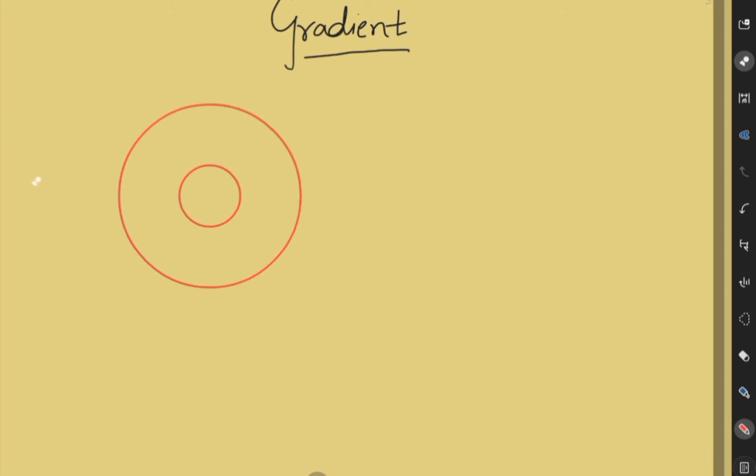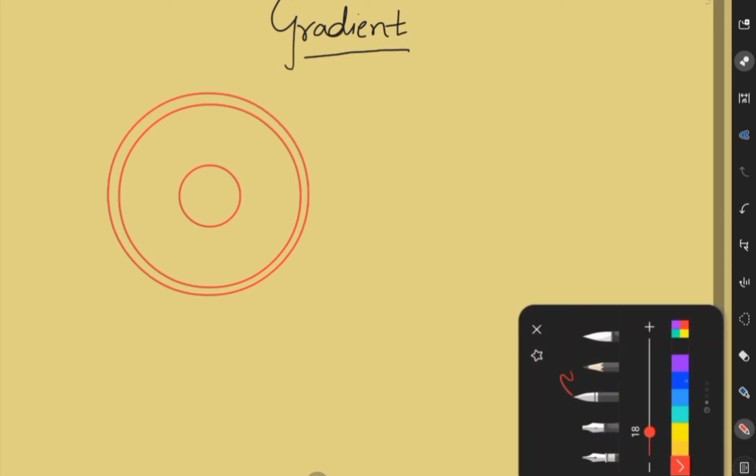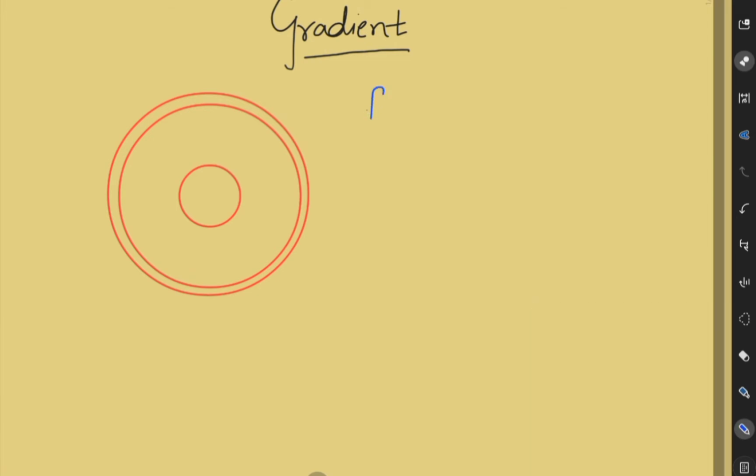So let's take some fields, some curves, which we all know are given by the function f is equal to x square plus y square.